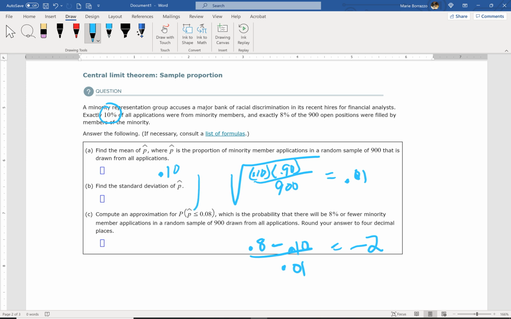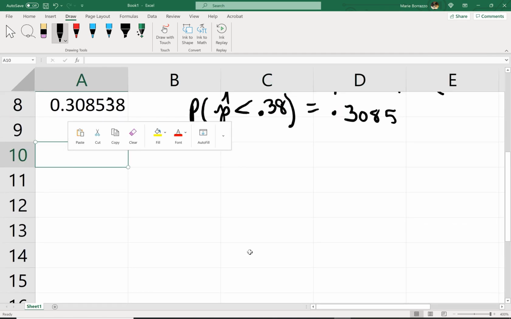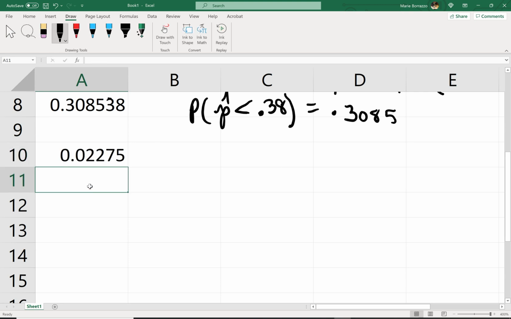Look at the direction of the inequality. So if I again go into NORM.S.DIST, I'm looking at equals NORM.S.DIST. I'm punching in a -2, and I get 0.02275.